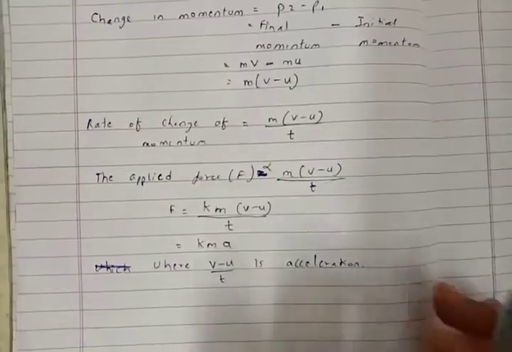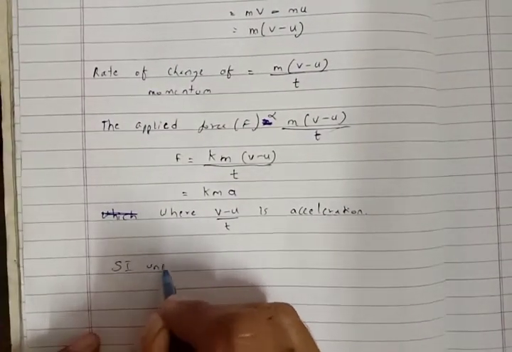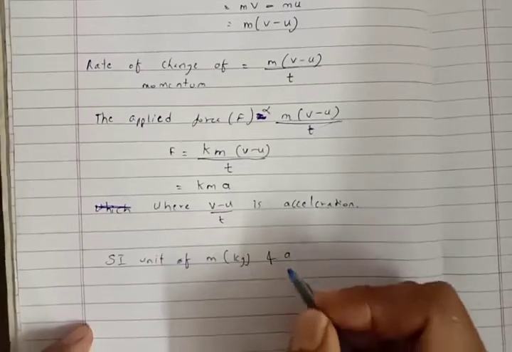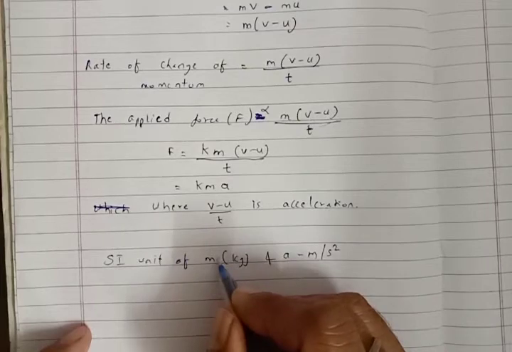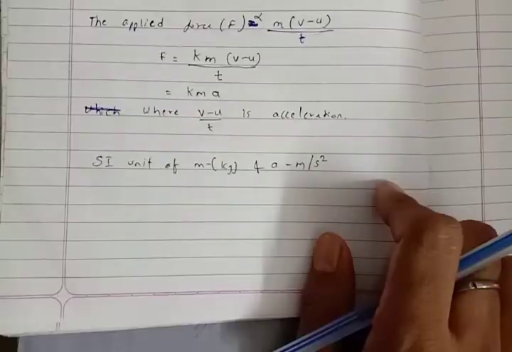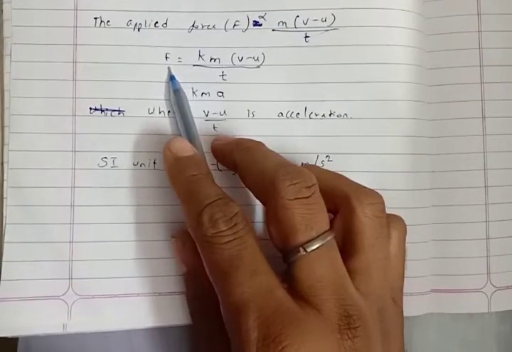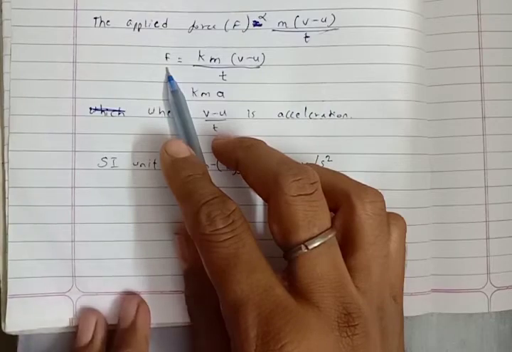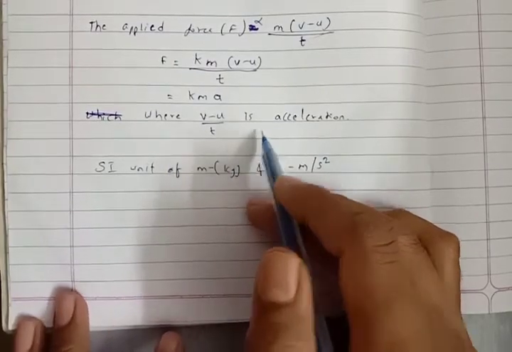Now let's see the SI units. SI unit of mass is kg and acceleration is meters per second square. Now here the unit of force is chosen in such a way that the force becomes 1. How?